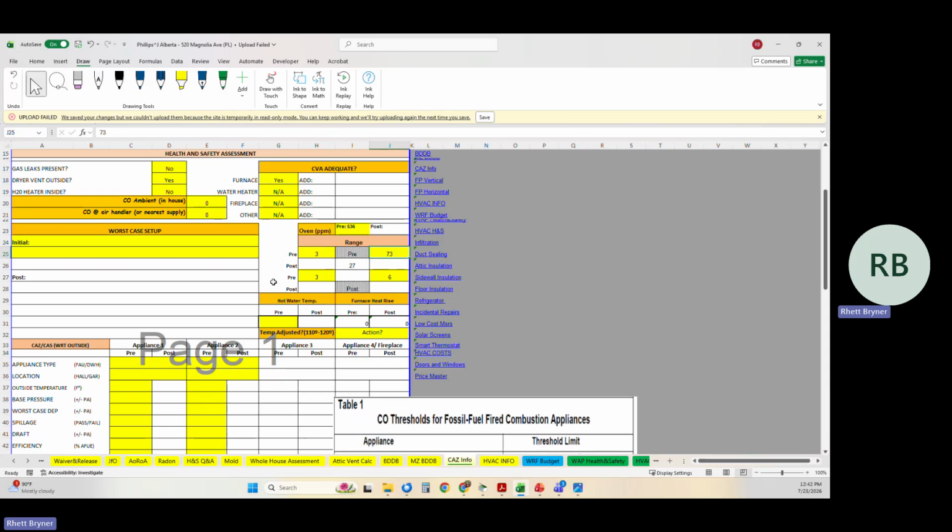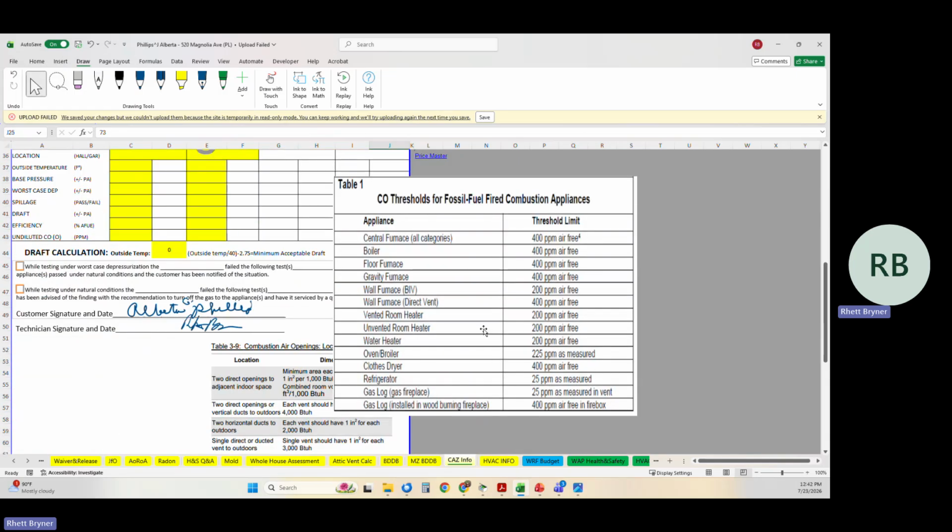The limit for stovetop is 25 parts per million. Just recently, I realized that that's actually not listed here. It is listed somewhere in our regulations, but for whatever reason, it does not appear on this list. But just know, stovetop burners, the limit is 25 parts per million. All right, so that's 25 CO.